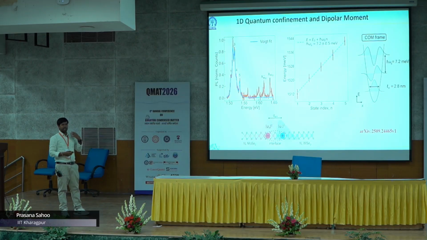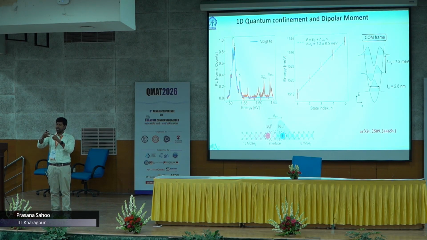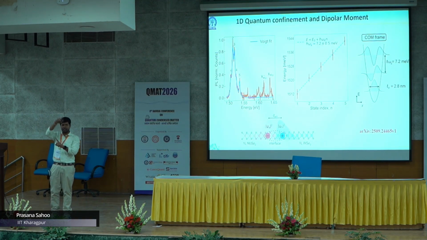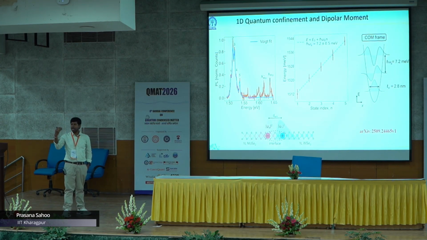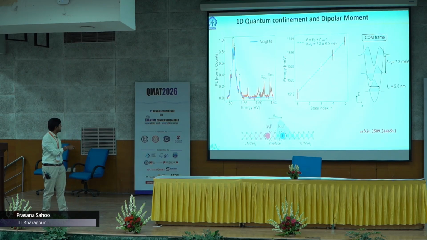So then, what is more exciting comes out. When you are shining light, if there are a lot of excitonic states, it will give a usual PL, a broad photoluminescence. But here, when you reduce the light intensity, you can see the ladder of peaks originating across the interface, and it's still brighter than the original molybdenum peaks.